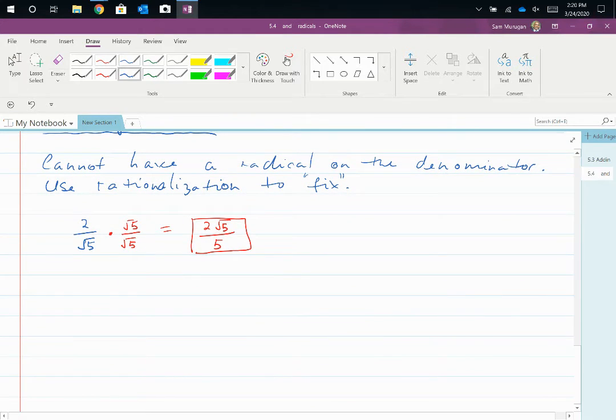If we've got, say, square root of 8 over square root of 75, we need to consider fixing this first.